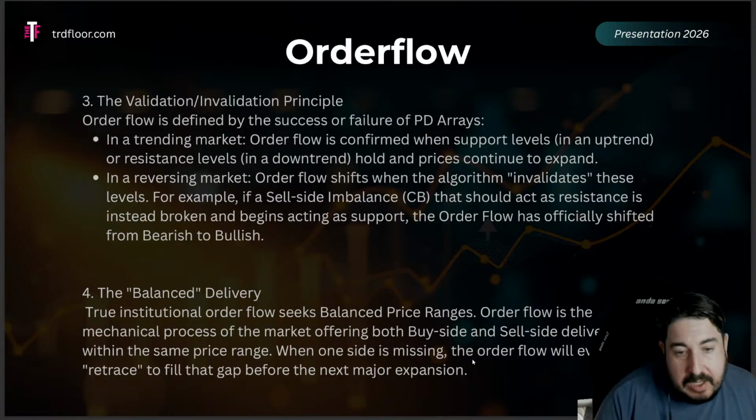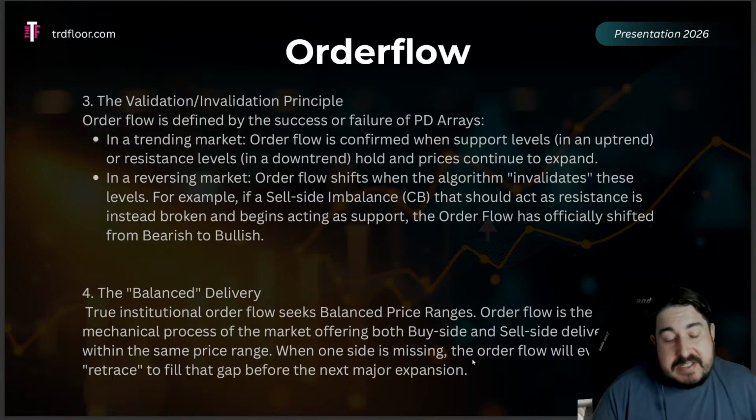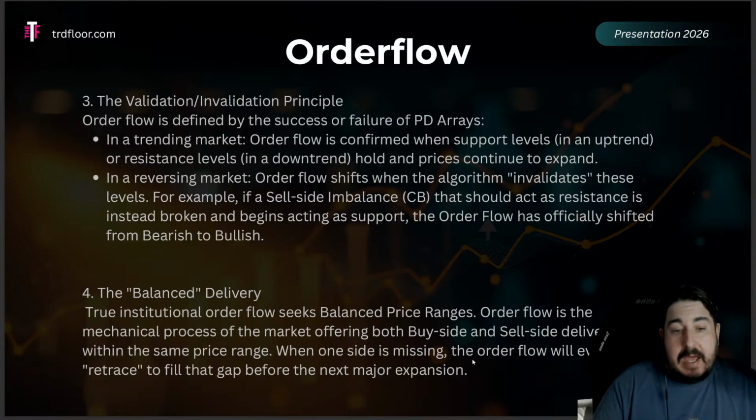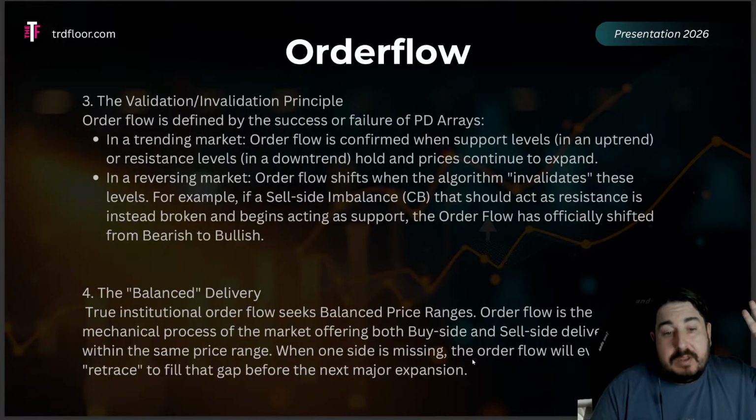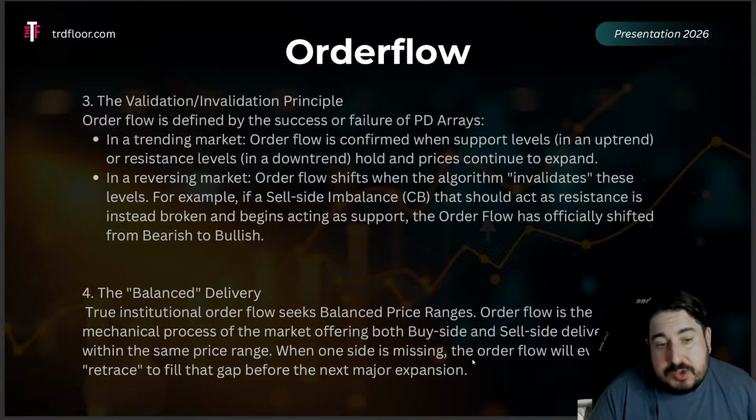Our invalidation level. Understand something. When we are in a sell program, this means that price must break from the left side, for example, of the curve, the fair value gaps and the breaker blocks.